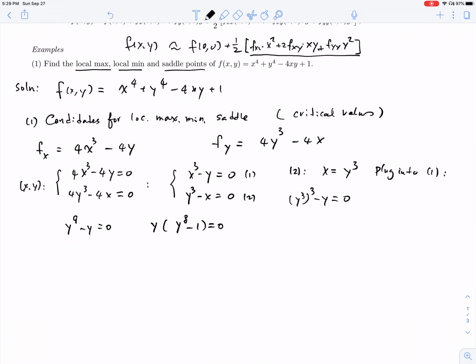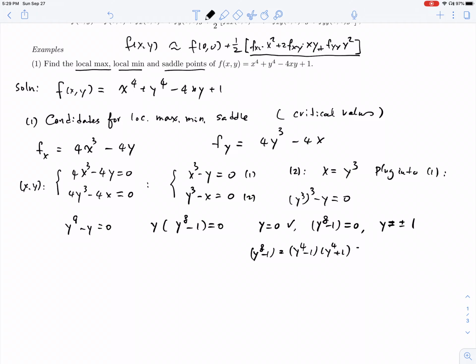And then we see three solutions over here. y is equal to 0 is one solution. y to the 8th minus 1 equal to 0 is another one. And some of us can easily see that that means y is equal to plus minus 1, right? You may wonder why, because you have the 8th power. You can always factor y to the 8th minus 1 as y to the 4th minus 1 times y to the 4th plus 1.